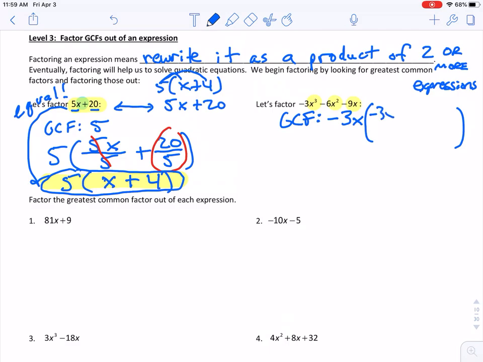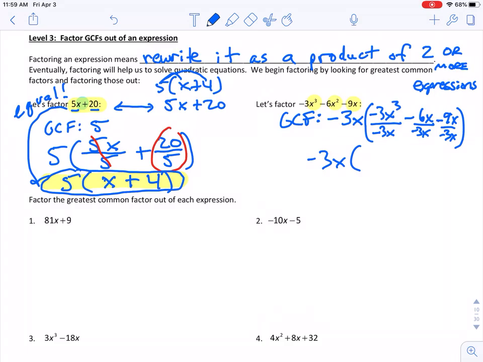So if you take negative 3x cubed and you divide that by the GCF that we just took out, and we do the same thing here. So now we have minus, and we have 6x over negative 3x. We have another minus, and we got 9x, and also divide that by the GCF. And now we simplify.